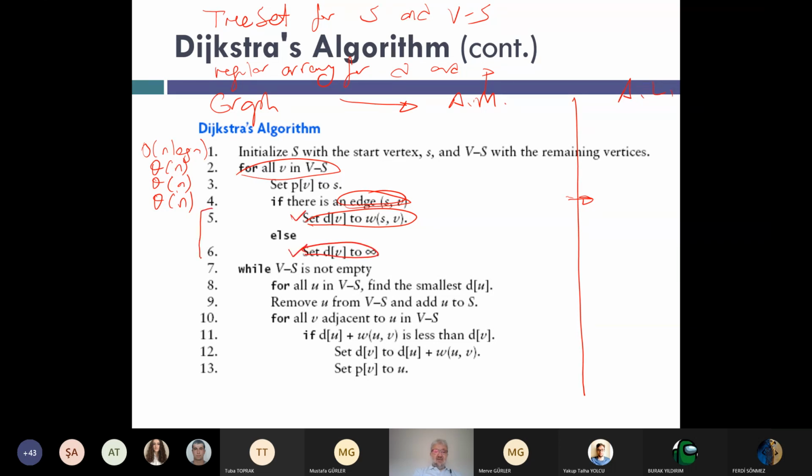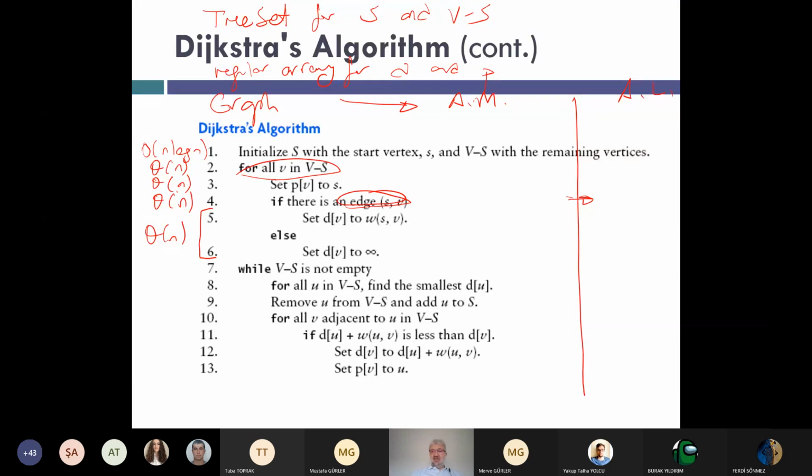So the running time for both these lines will be theta n, right? In total, each of them may have some set operation performed, but in total, in steps 5 and 6, the running time in total is theta n.